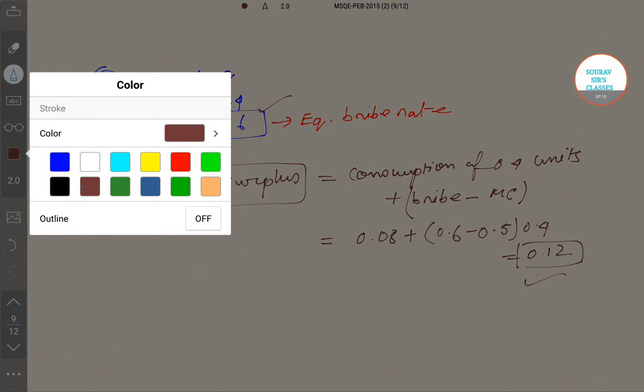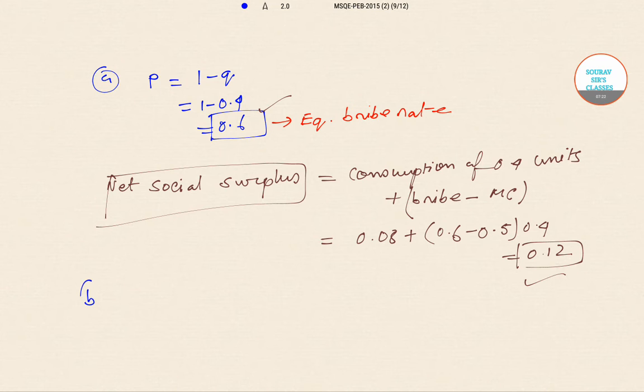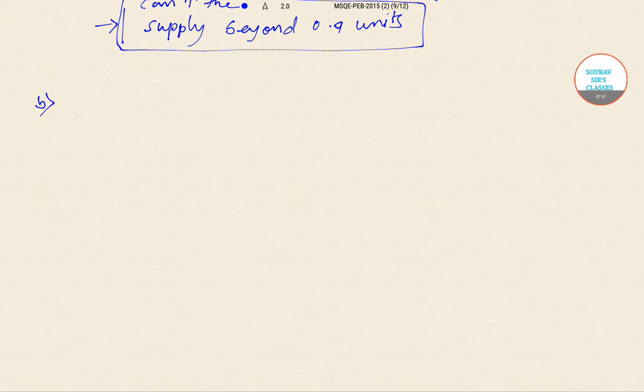Now we'll come to the next part, B. The government agency is privatized and the market is deregulated.